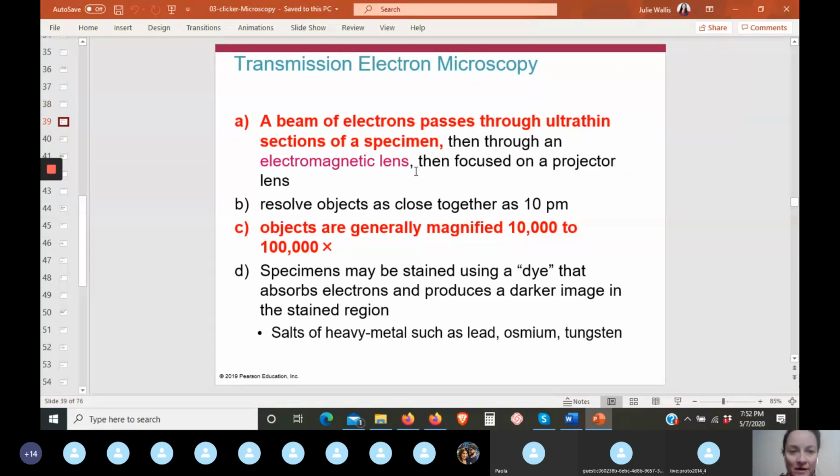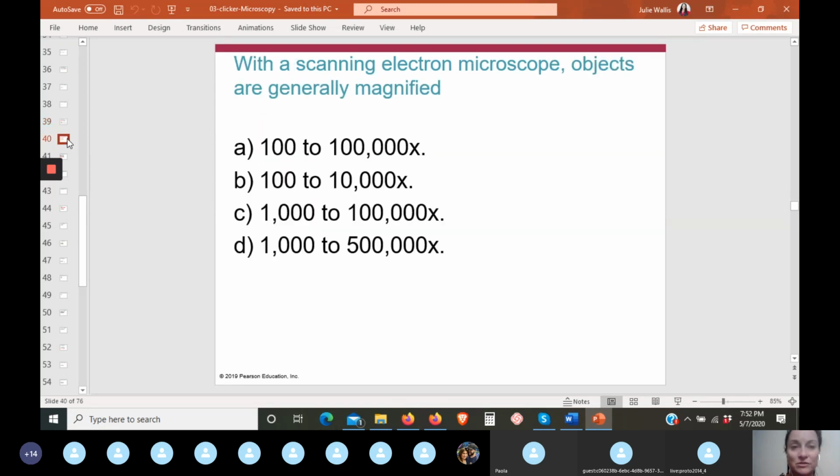Okay, this is just some more information. So the difference between transmission and scanning electron microscopy is that transmission electron microscopy is going to show the internal structures of a specimen, whereas the scanning, SEM, is going to show the 3D surface structure. All right, kind of gave you a hint on this one.